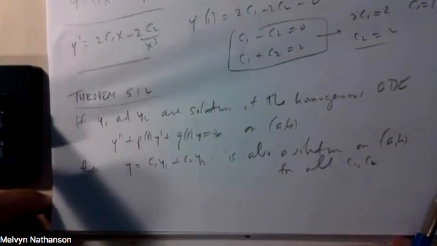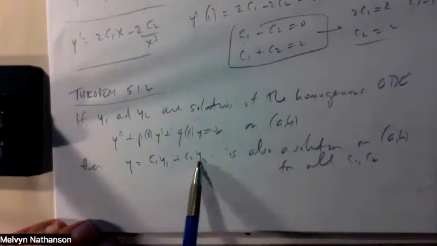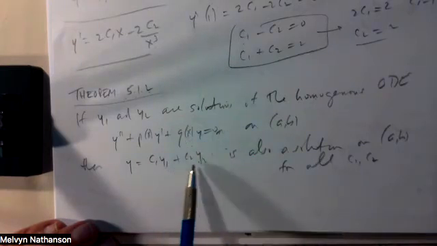And the important situation is when not only is every linear combination of y1 and y2 a solution, but every solution is a linear combination of y1 and y2.